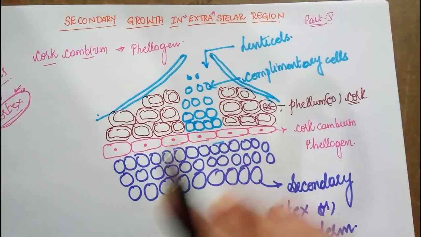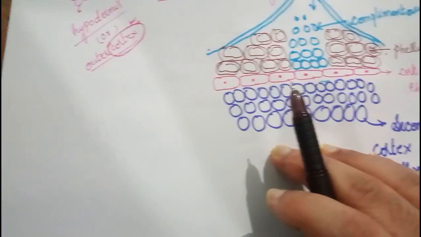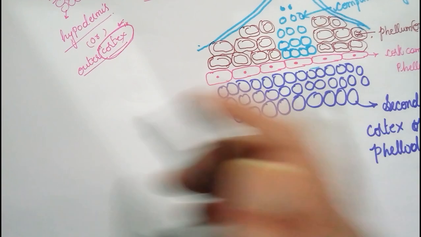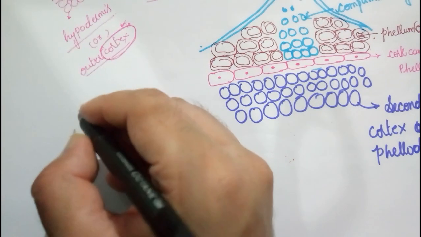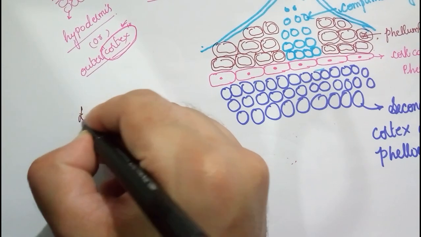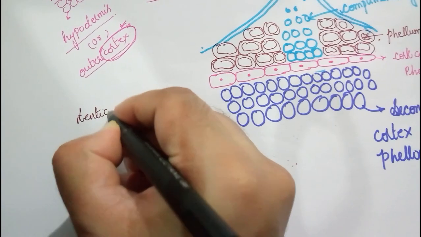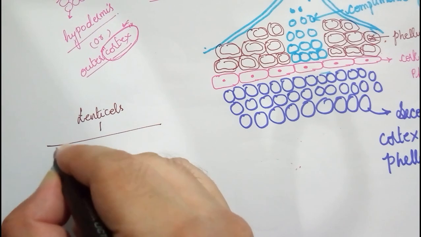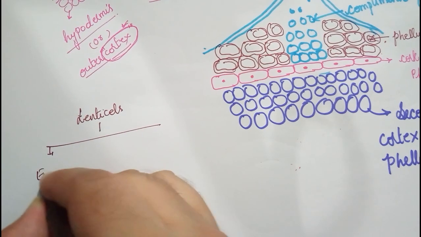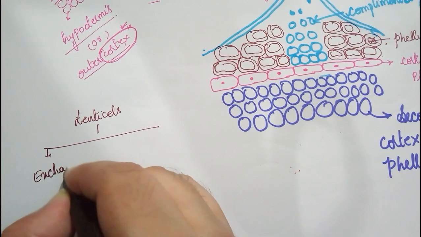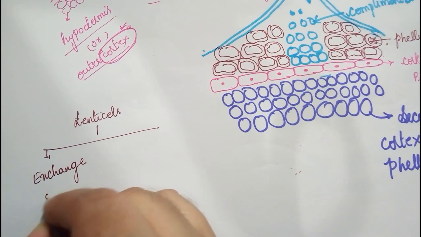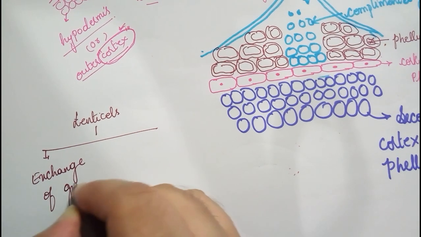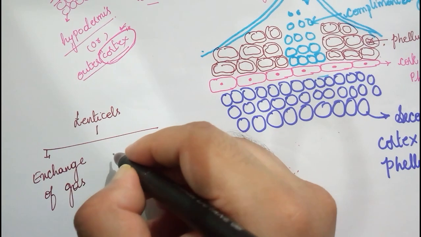Now, what are the main functions of the lenticels? This is something that is very, very important. What is the main function of lenticels? First important point is, lenticels help in the exchange of gases. This is very important. Gaseous exchange is done by these lenticels.